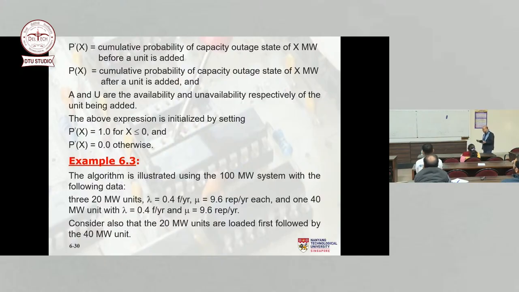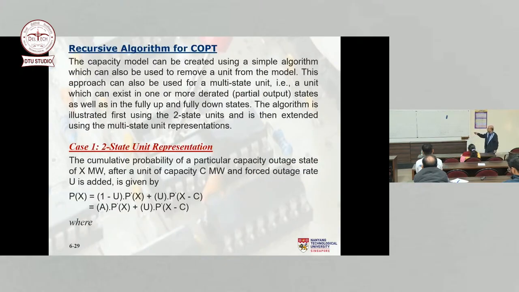Now when you are adding the first unit and perhaps even subsequent units, you need to have some initial values, isn't it? I'm adding the first unit, I'm using an equation like this. So P prime of X minus C, suppose I'm adding the first unit. Let's say the first unit is 20 megawatt. Okay. So X unit outage. So what are the outage states?